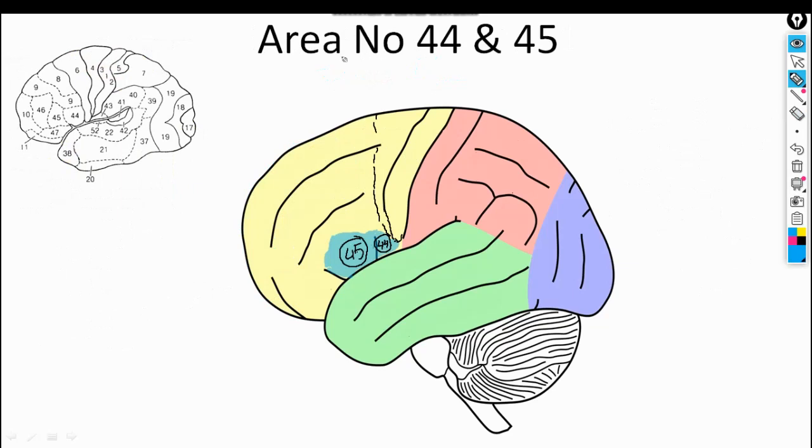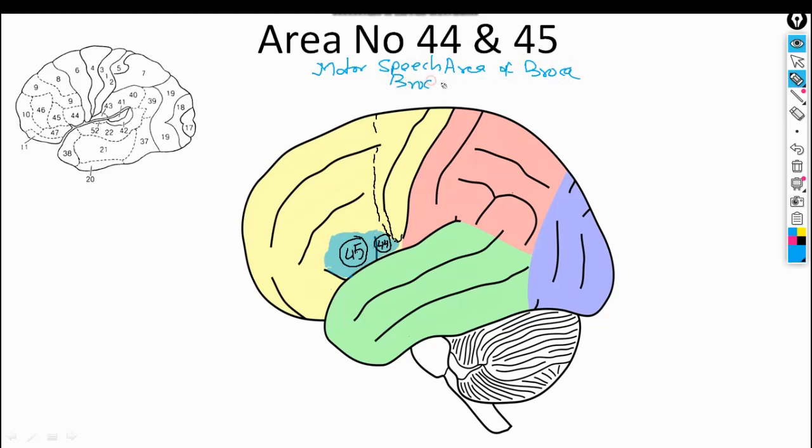So this area number 44 and 45 is known as the motor speech area, the motor speech area of Broca. Clear? Sometimes it is asked only as Broca area.